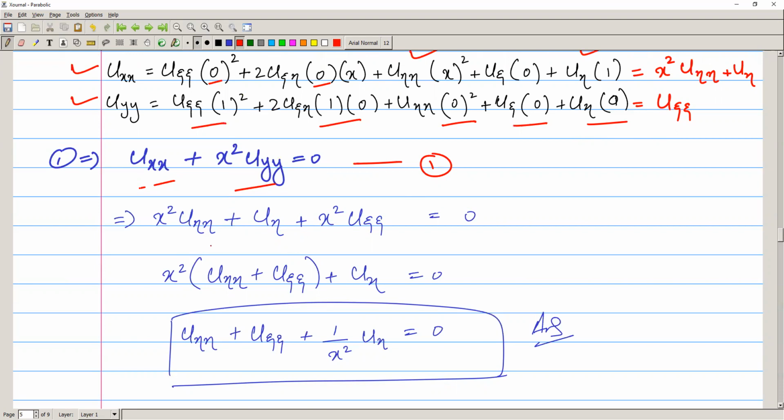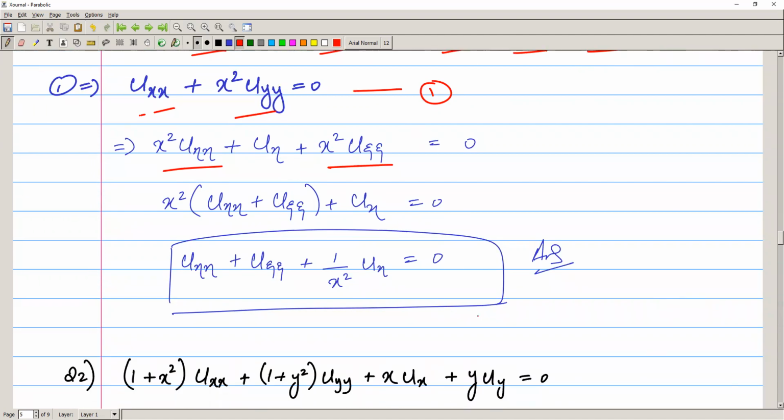So we can take x squared common from this term and this term. So x squared times u eta eta plus u psi psi. Then we can divide the whole equation by x squared. So we will get this form, right? So this is the canonical form for the given partial differential equation.